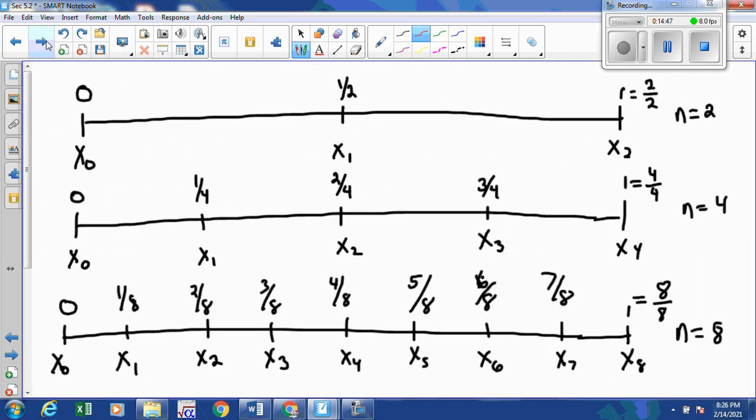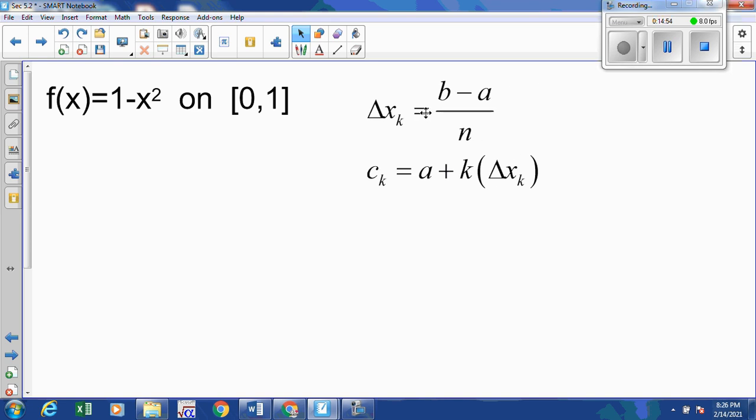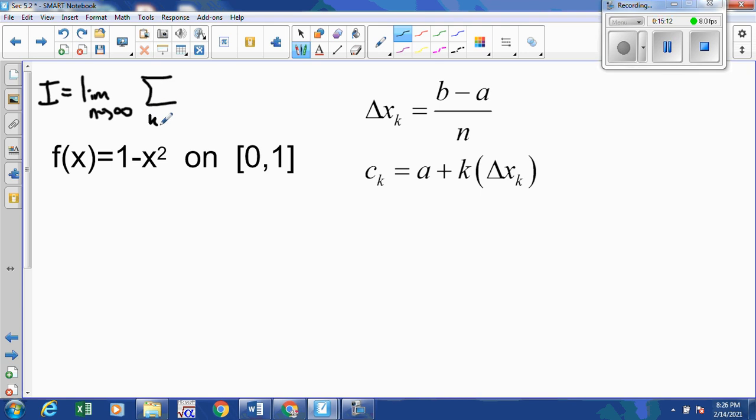To get us started, we're going to use two formulas. Our first formula is delta xk. Let me write the formula for our integral: it is the limit as n goes to infinity of sigma k equals 1 to n of f of c sub k delta xk.